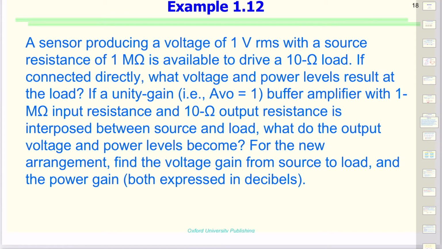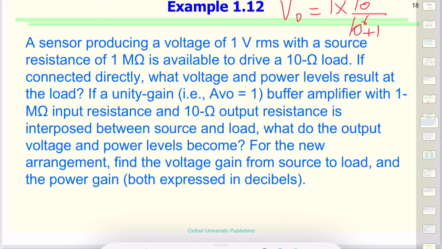And that we can do the straightforward way with the voltage divider, where we say V naught is equal to 1 times 10 divided by 10 raised to power 6 plus 10, right? So this 1 volt is showing up across these two, and that can give us the output voltage that we get.